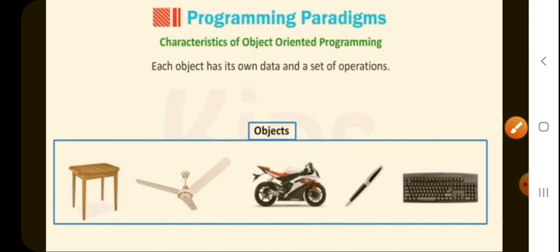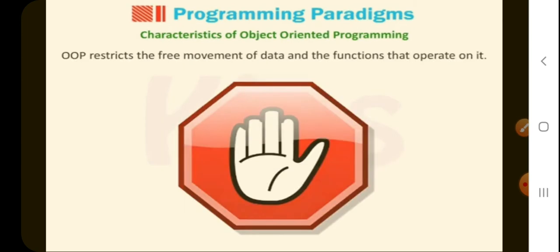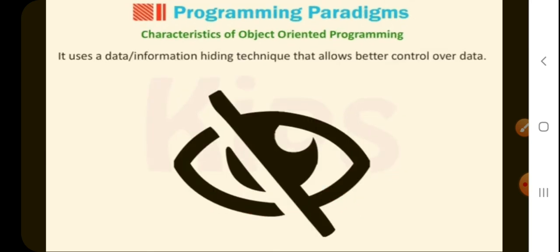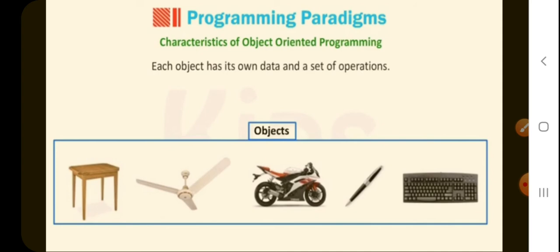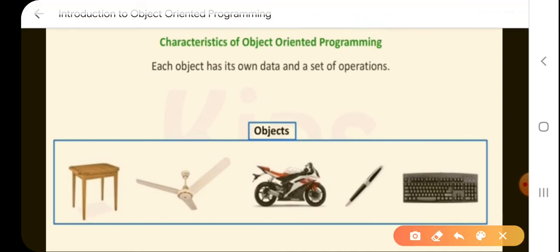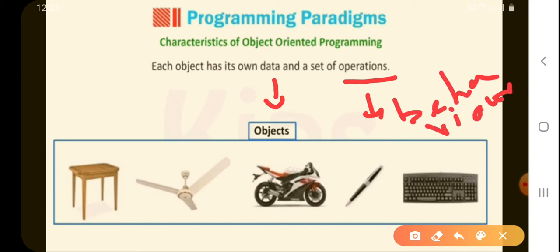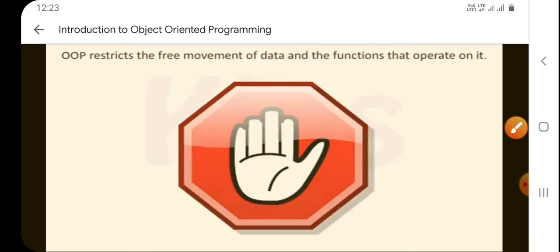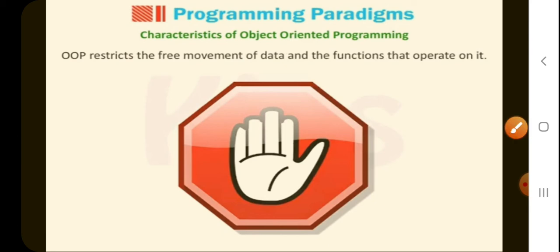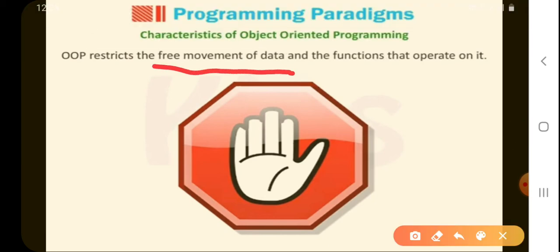Then each object has its own data and set of operations. What does the data refer to over here? The attributes. And the operations talk about the behavior. Now, object oriented programming restricts the free movement of data and the functions that operate on it. It does not allow any free movement of data.